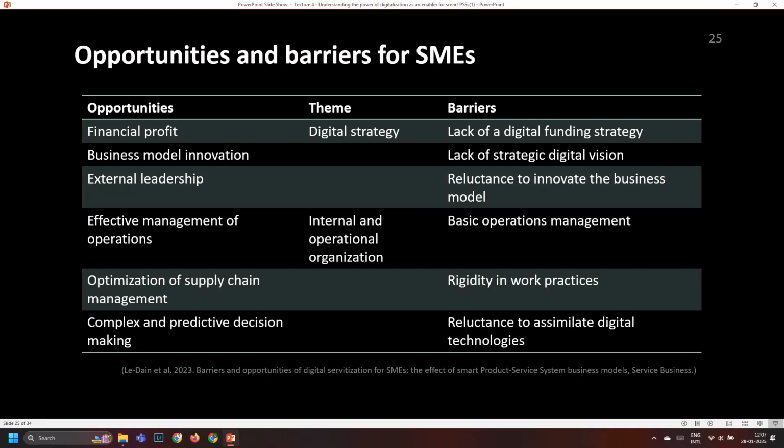There are opportunities and barriers both. And I'm quite sure that after graduation you will be working, at least sometimes, with small or medium-sized companies. And you need to think about these aspects.